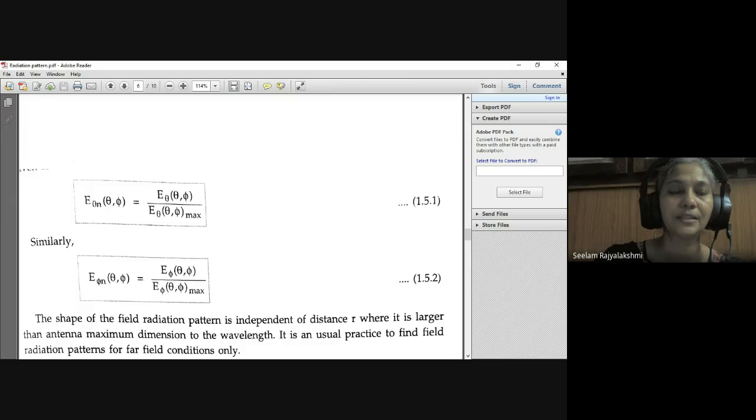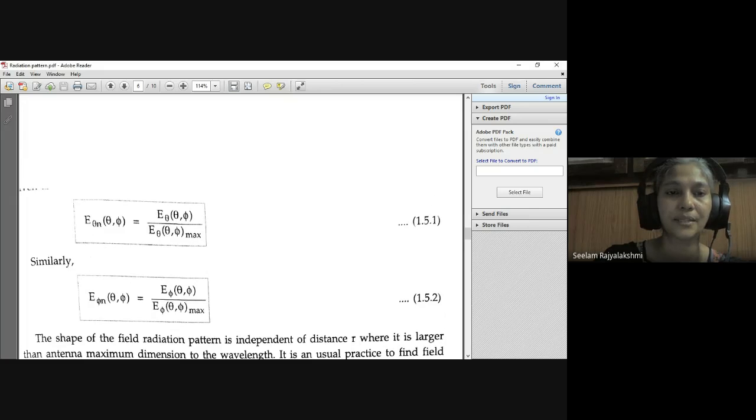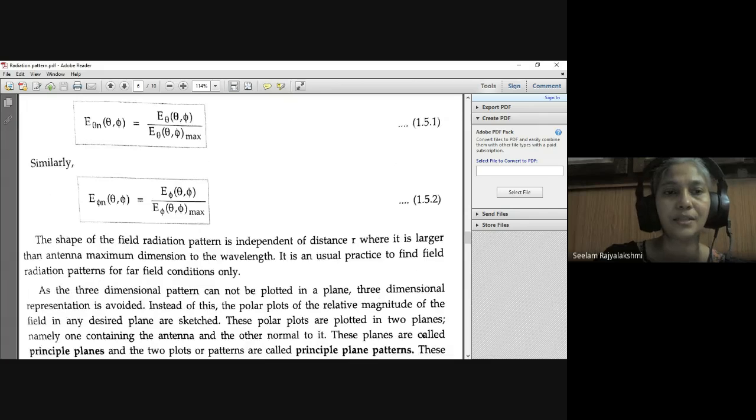So the normalized E theta n of theta comma phi equals E theta of theta comma phi divided by E theta maximum. Similarly, the normalized component E phi n of theta comma phi equals E phi of theta comma phi divided by E phi maximum.